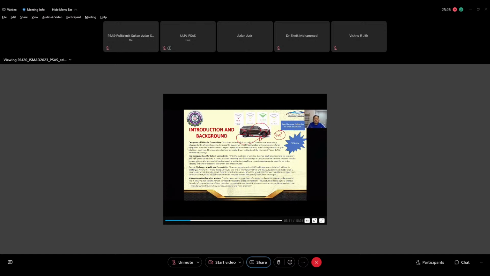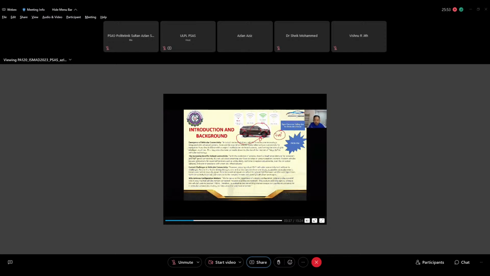We enhance and extend the signal by using the directional, pushing the signal from the middle of the car until the back end of the car. So basically these are the problem statement whereby the signal is not even from the front of the car until the back of the car.